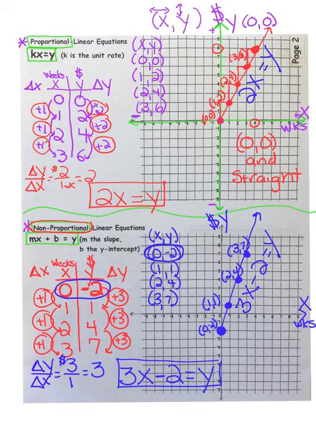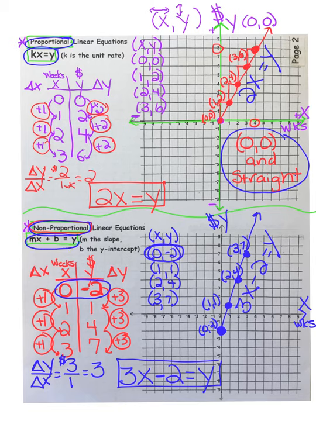Make sure you have all the notes and make sure you review what's the difference between a proportional relationship, clearly the equation we write, and, of course, when we graph the information, we know it starts at 0, 0, and the line is straight, versus what does a non-proportional equation look like?